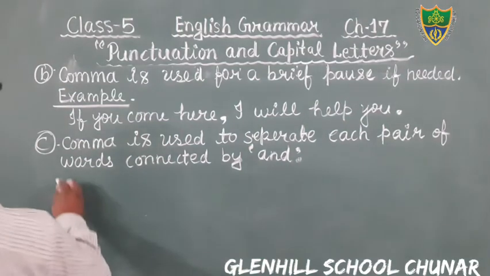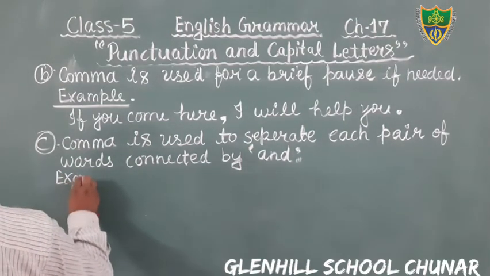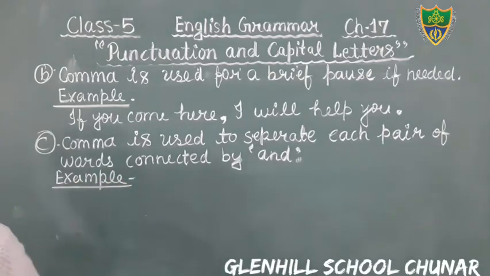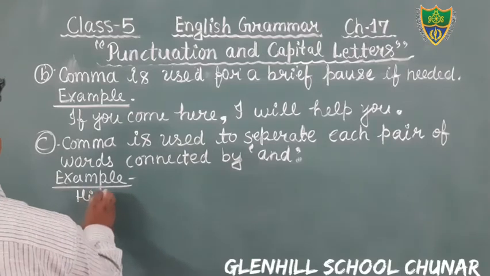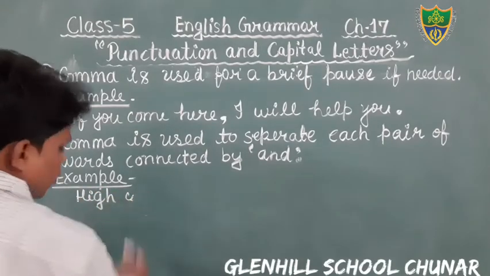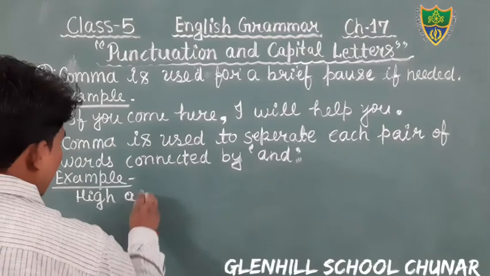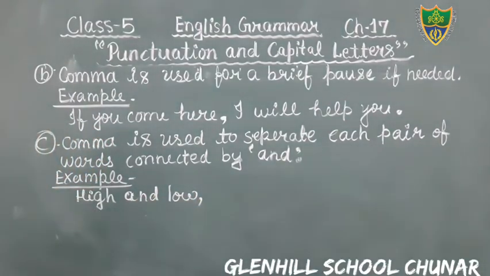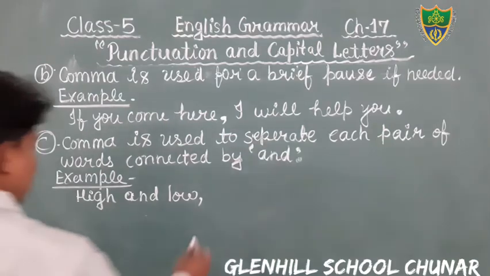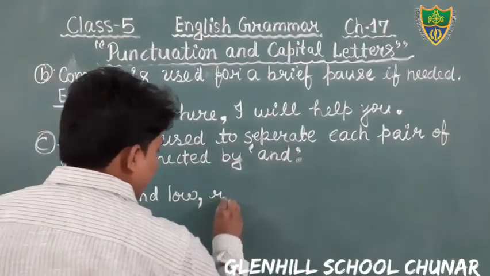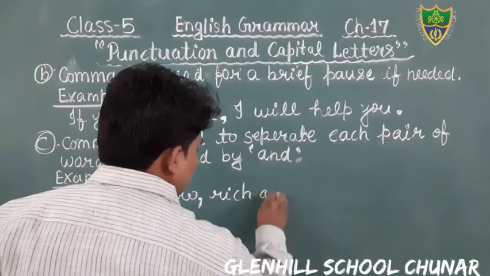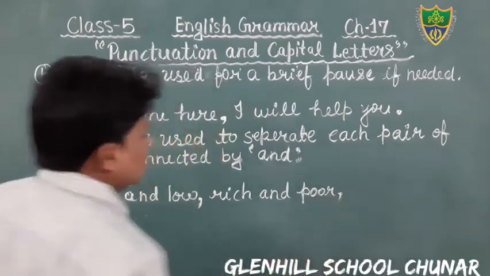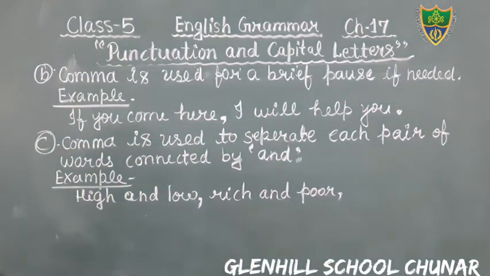Just see another example, students. High and low, this is what? A pair. You will put a comma here. Rich and poor, this is a pair.